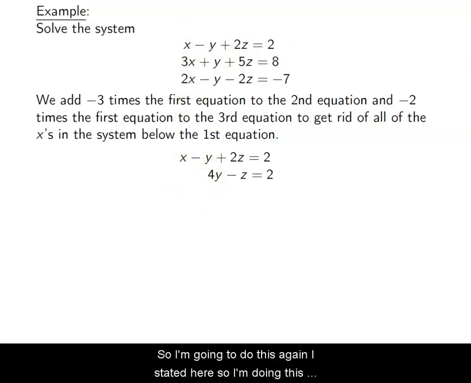Okay, so I'm going to do this again, as stated here. I'm doing this all at once because it's okay to do that. I'm going to eliminate x in this last equation in the same way. This is a 2 here, so luckily this is nice. All I have to do is multiply the first equation times -2 and add the result together.